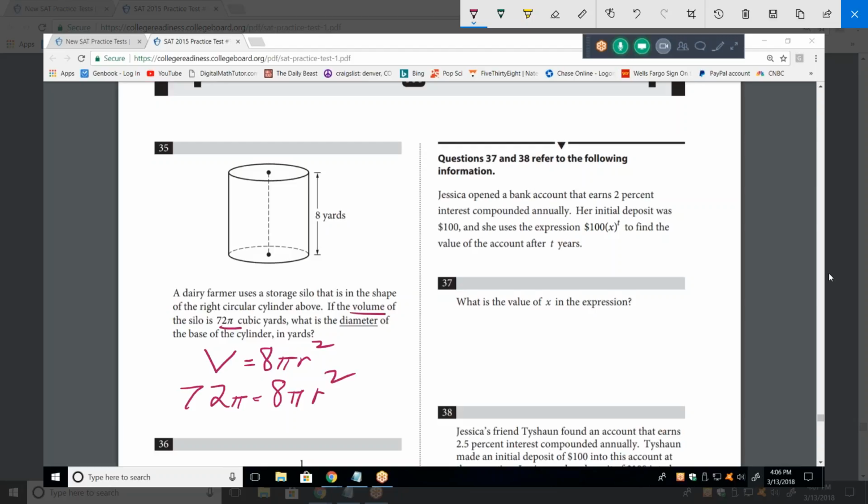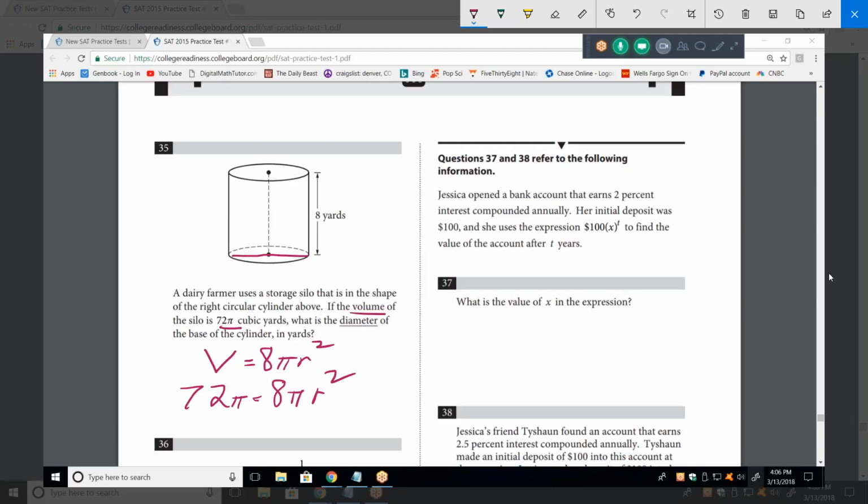Take it from here. What they want is the diameter of that base. Tell me how to proceed from this point. First of all, the square does not apply to the 8 or the pi.